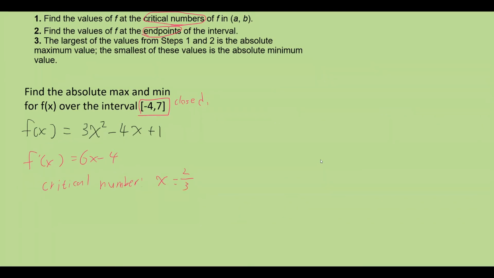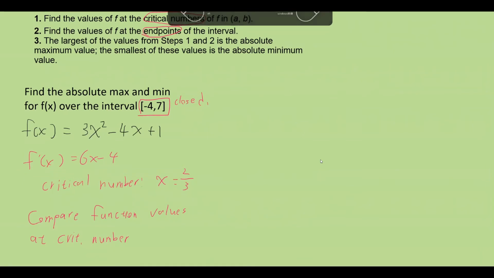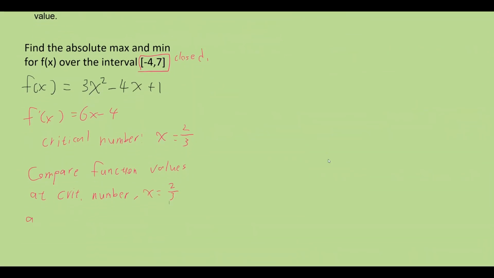So what we are going to do is compare function values at critical number x equal to 2/3 and the endpoints. So the endpoints of the closed interval are x equal to -4 and 7.